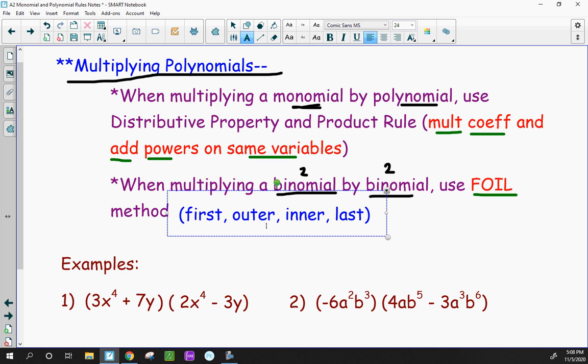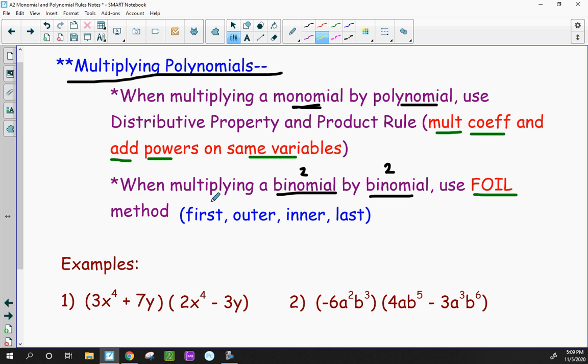And you can do it in that order. It's really basically the distributive property, to be honest, but it's just a nice, cute acronym to help you remember the order you're going to multiply. So first, outer, inner, last.